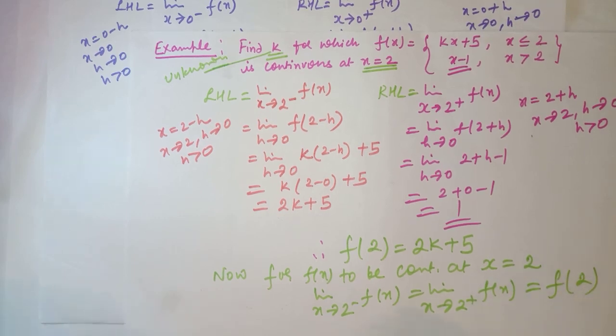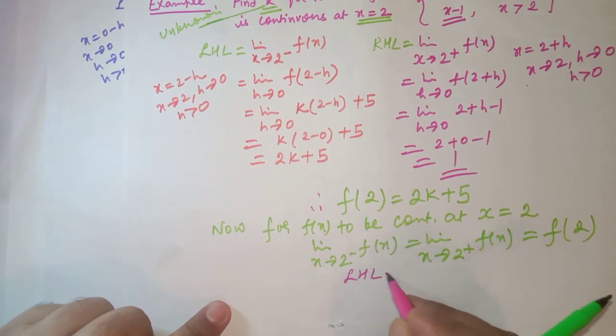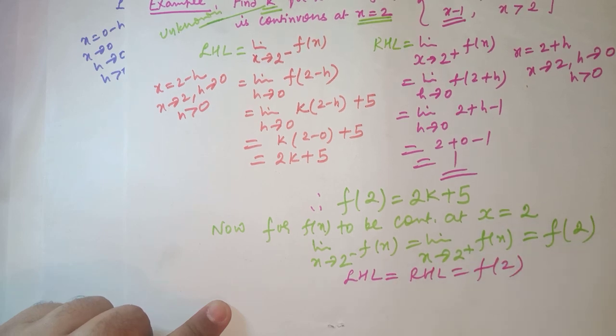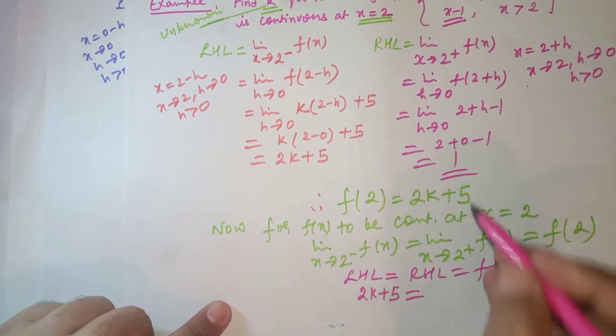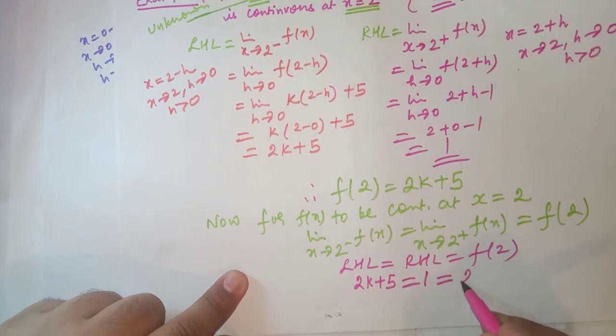Or in other words we can say that the left hand limit must be equal to right hand limit must be equal to f of 2. Clear? So left hand limit is 2k plus 5, right hand limit is 1, and f of 2 is 2k plus 5.